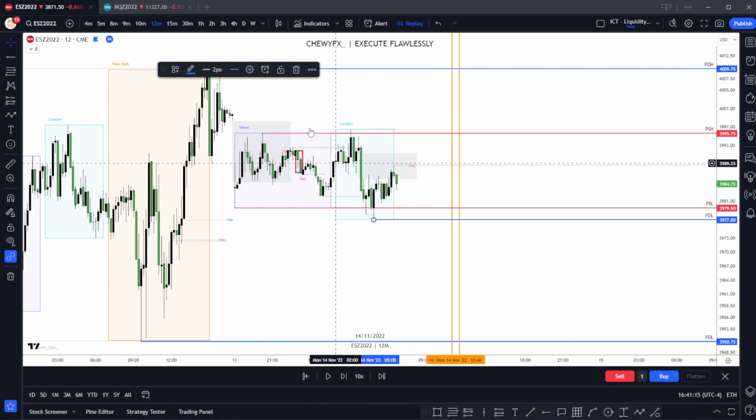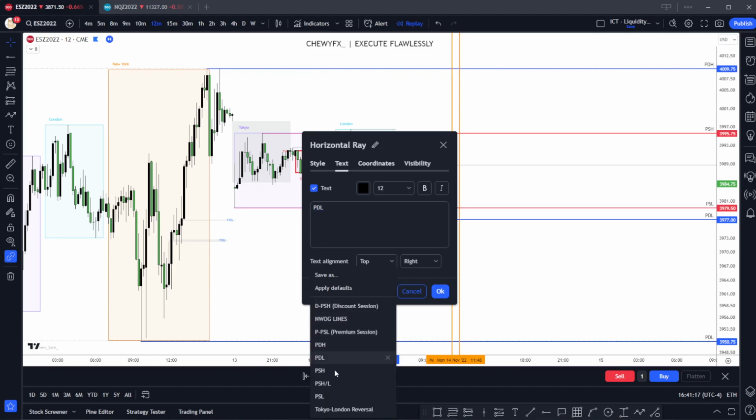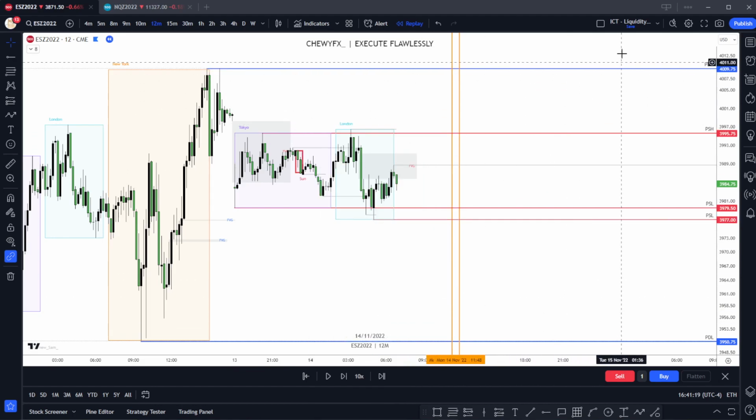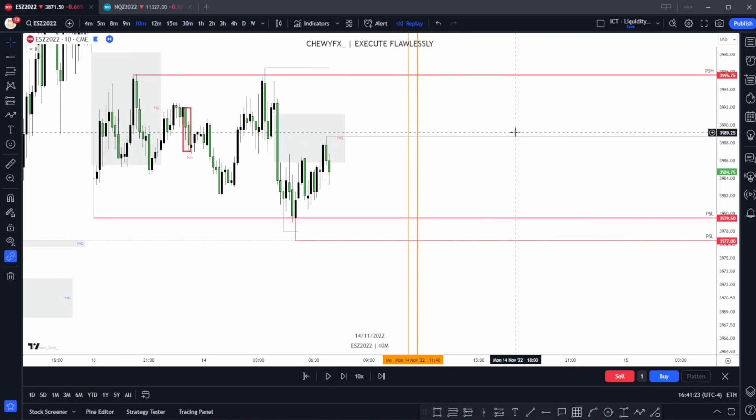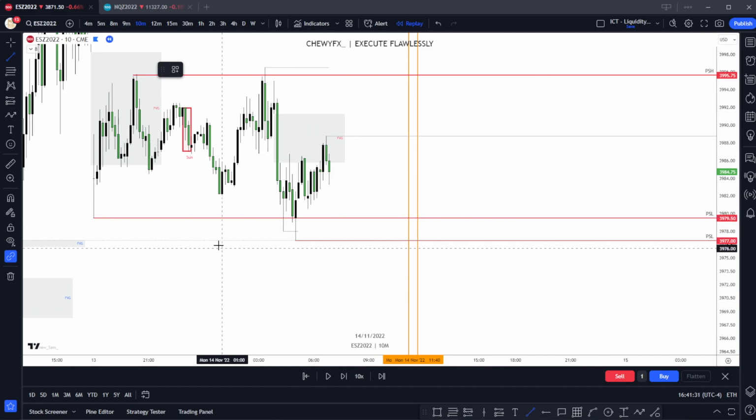Alrighty. Okay, now that we have these drawn up here successfully, we now want to go to the 10-minute time frame to identify any swing highs and lows for us to be looking for a 10-minute market structure shift. So we can see here that we did sweep the Tokyo low. However, yes, we could say that this is a 10-minute market structure shift here.